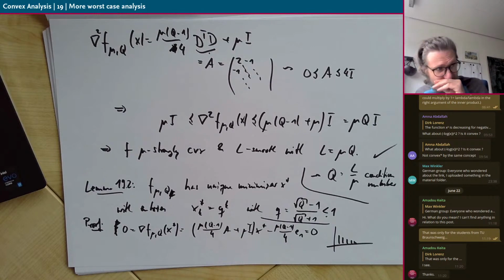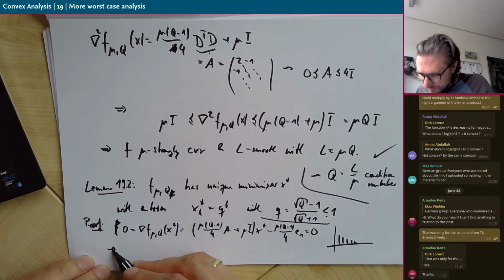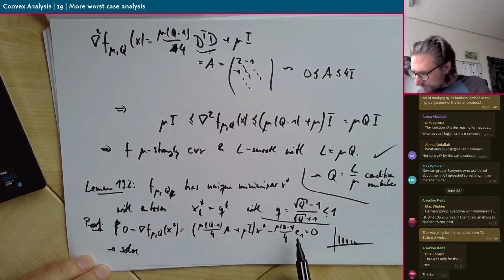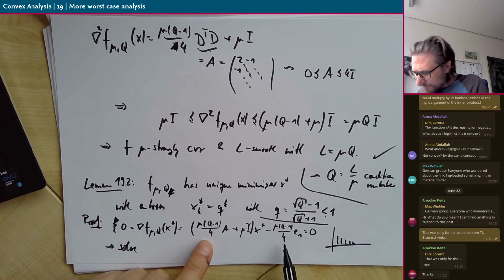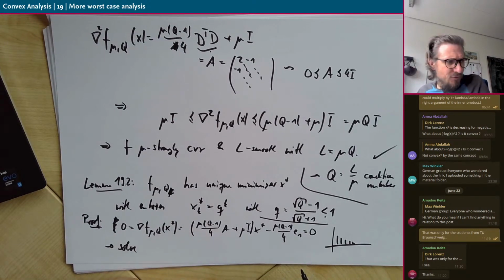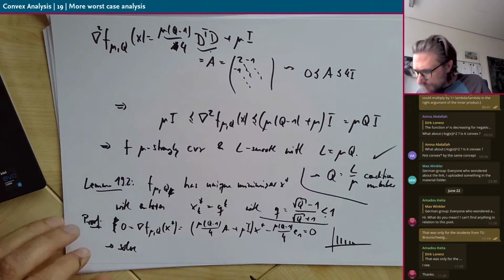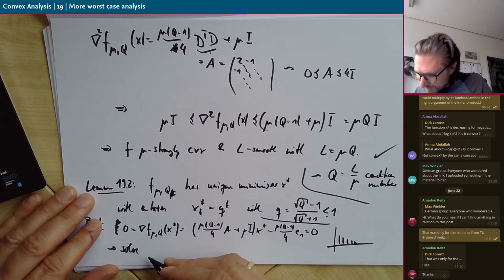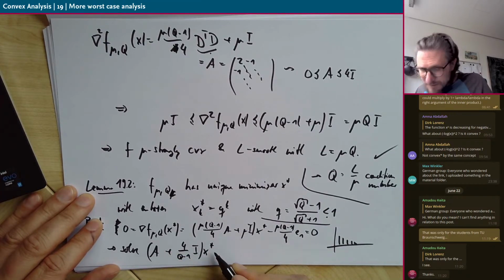Okay, so what we have to do is bring this vector to the other side, multiply by 4 and divide by mu times q minus 1, and we end up needing to solve A plus 4 over q minus 1 identity times x star equals ei.